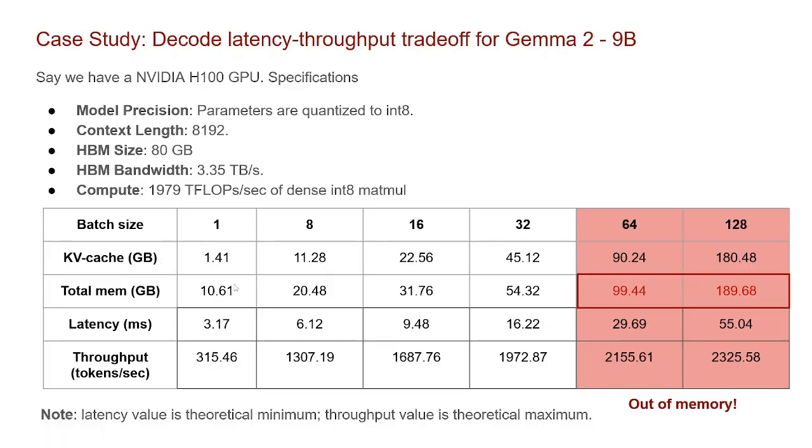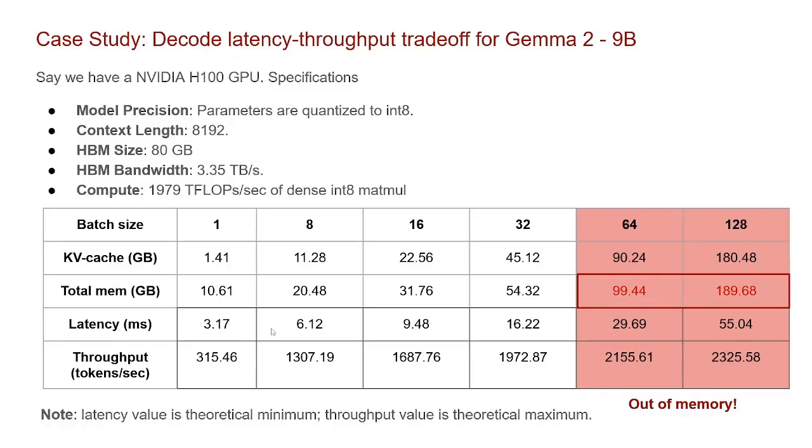Adding up the KV cache with 9.2 GB, we arrive at these numbers. Ignoring the space for activations, because they are very small during the forward pass, we will need this much memory on the GPU for accommodating these batch sizes. And we see that we can't afford batch sizes of 64 or 128, because it exceeds 80 GB.